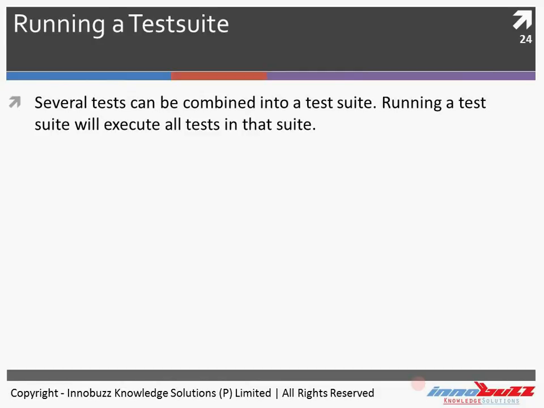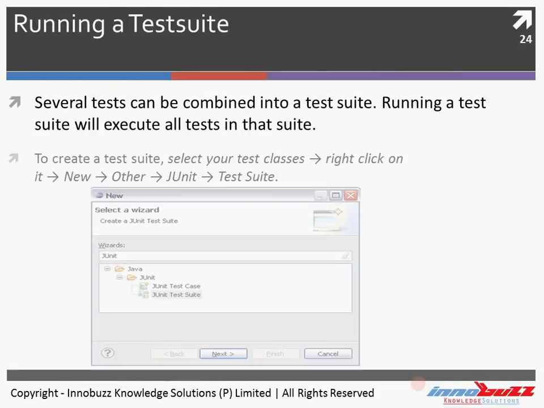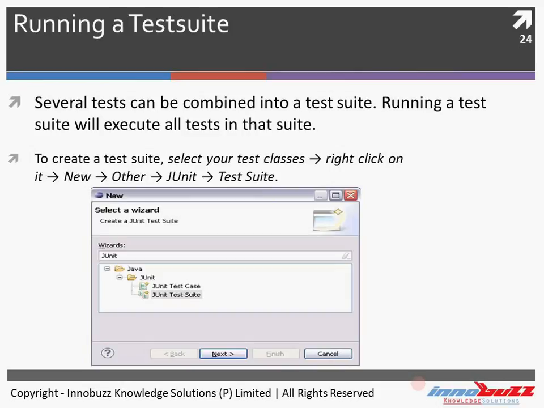So a test suite, as the name suggests, is a combination or collection of your JUnit test classes which can be executed at one go. I'll show you how. Here the wizard shows how you can create the test suite: just right click and create the test class you want to run.